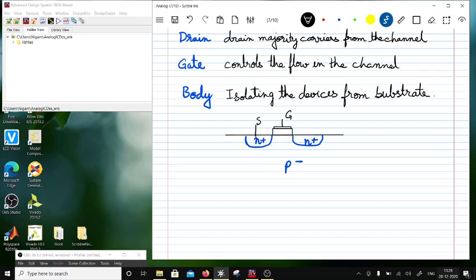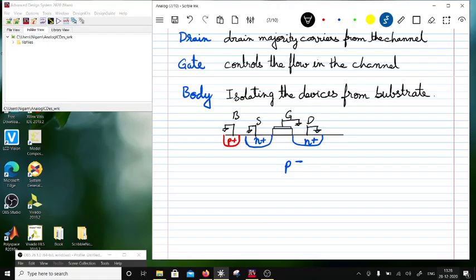So let's say this is source and this is drain, and there is a body terminal over here. Initially let us connect all to ground, just for the sake of understanding.